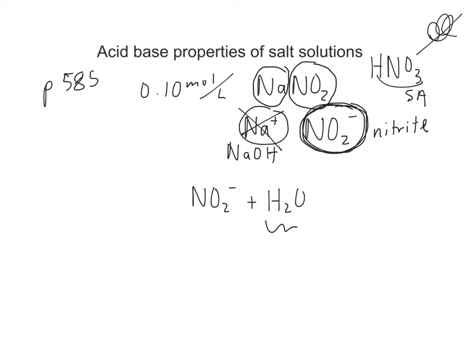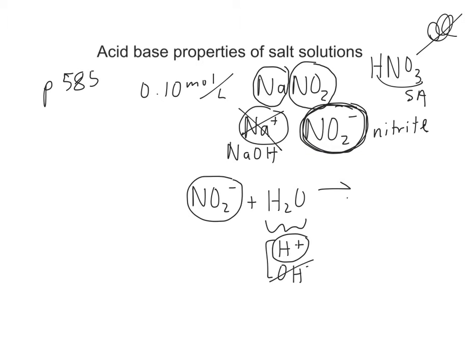And sometimes it's helpful to think about water as being protons and hydroxide because it is at equilibrium with itself, forming protons and hydroxide, right? And then think about what this is going to do with either protons or hydroxide. It's not going to hook up with hydroxide. What it could do, though, because it's a negative ion itself, is hook up with protons.